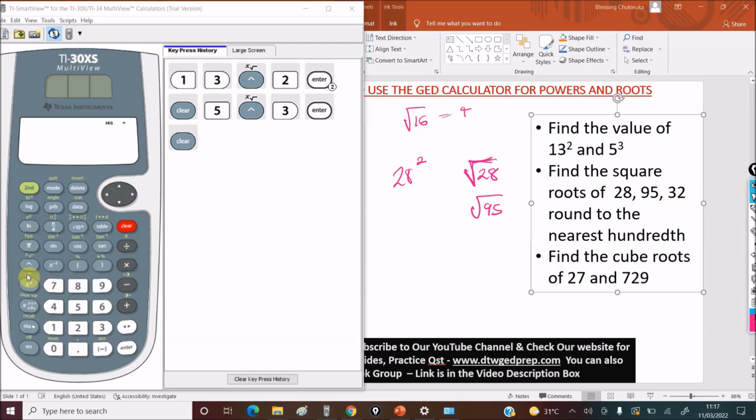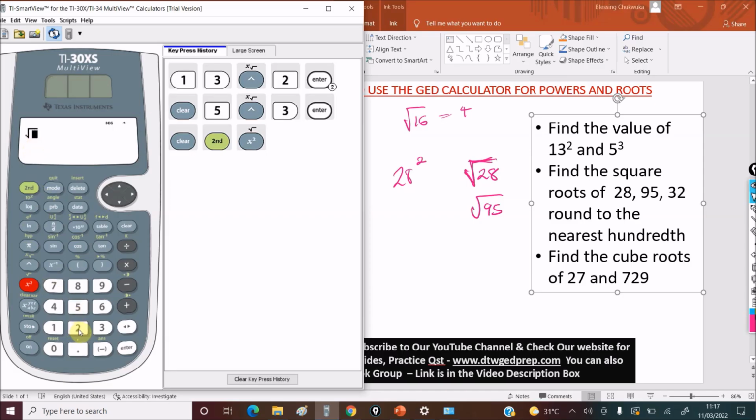You can see the symbol, colored in light green. For us to activate this function, we have to first press the second function button. We come down here, this is where the square root button is, on top of the x squared button. So we press this, and you see it there.